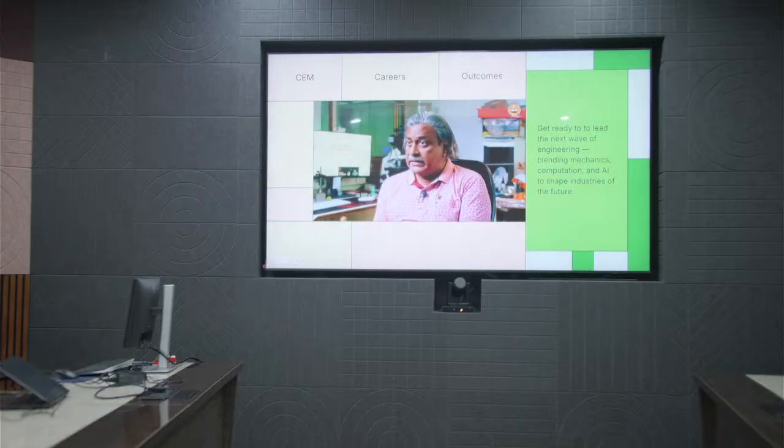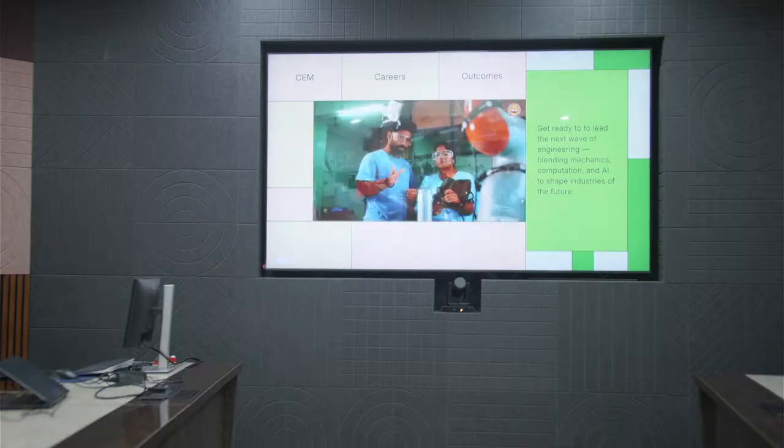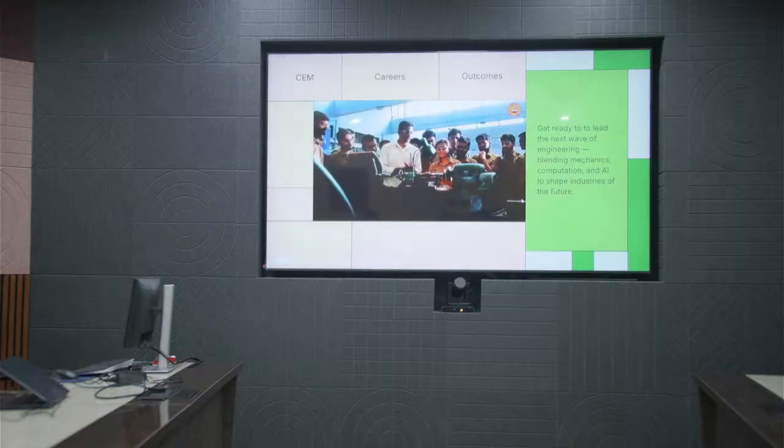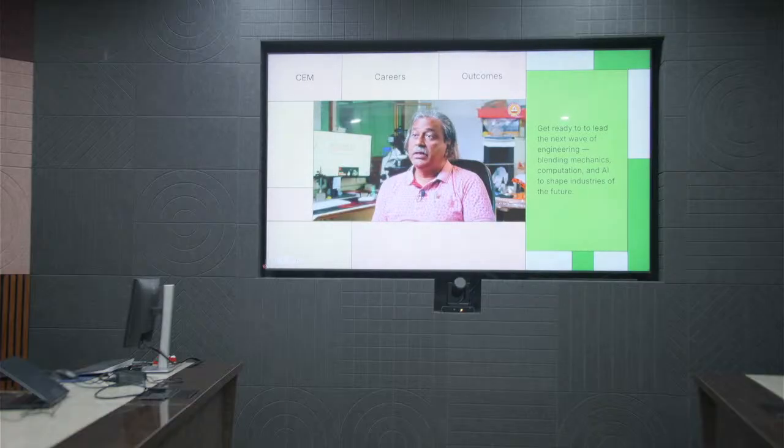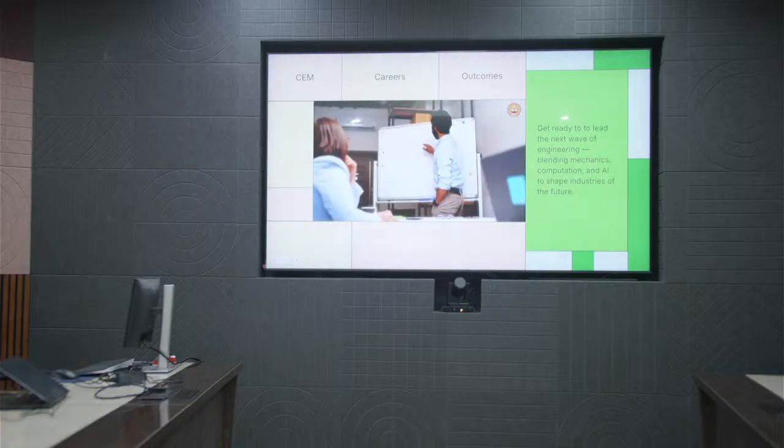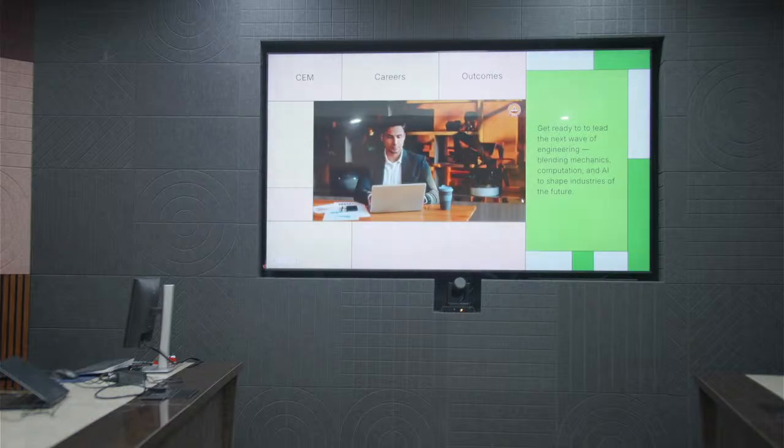With all these, there is a lot of scope for somebody who has been trained in CEM to take up positions even of leadership in multidisciplinary domains. A graduate of this program will have two sets of opportunities. One is, of course, the traditional job. You can look at somebody being called a digital twin developer or digital twin engineer.